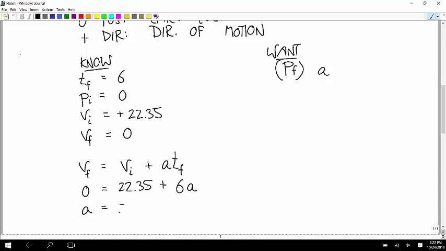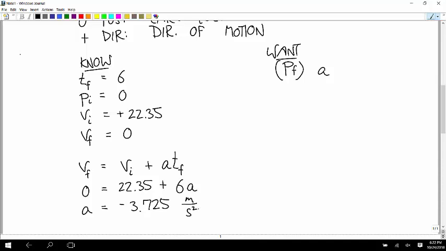Negative 3 point something. Can someone calculate that? So what is it? 3.725 meters per second squared.